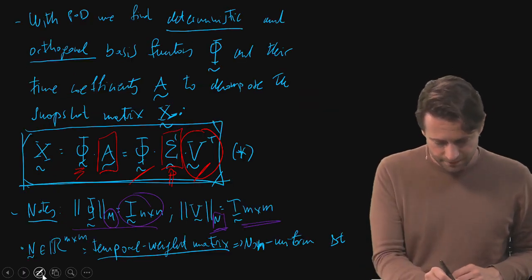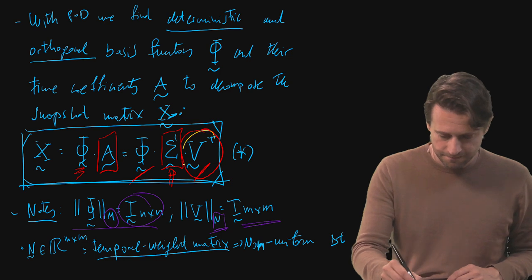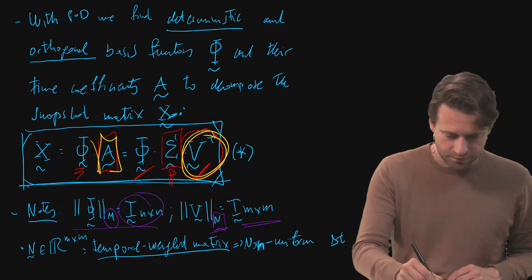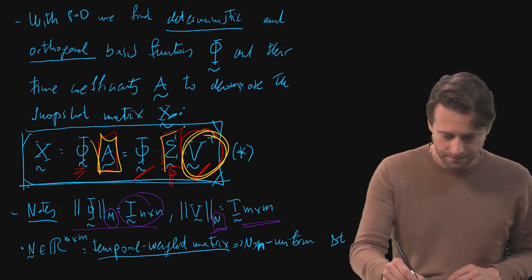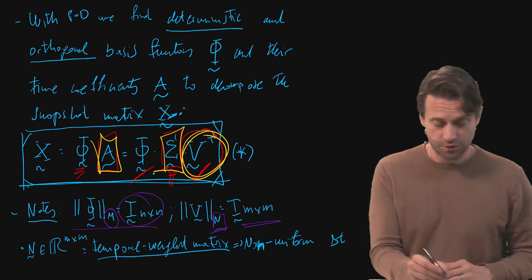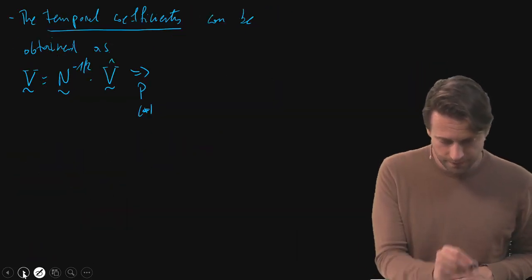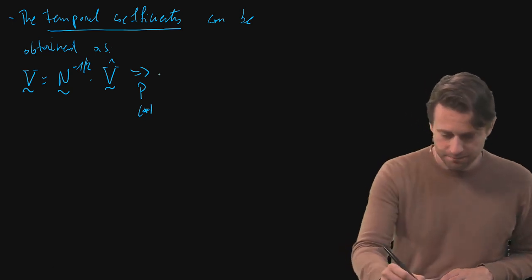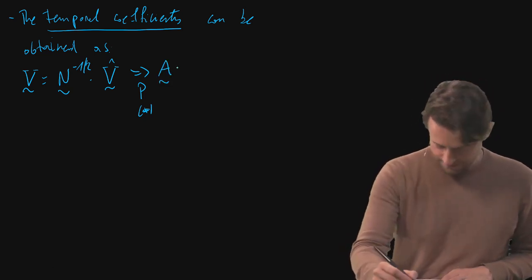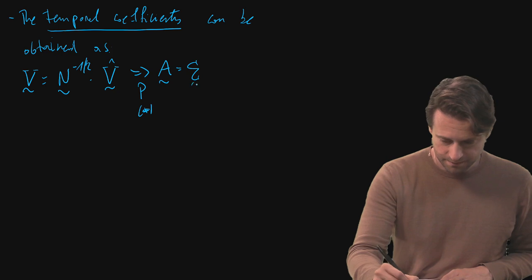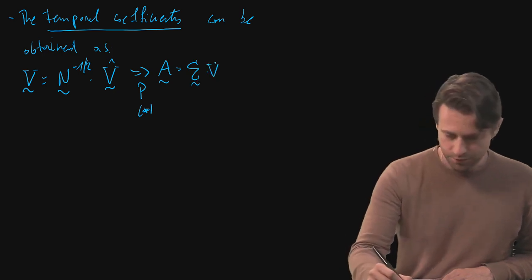Remember that here V is connected with matrix A and matrix sigma. Okay, so using the relation in equation star, we can go back over here, and using star, what I have is that matrix A is basically the product of sigma times V transpose.